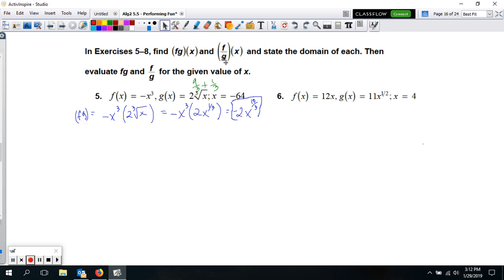So now we're going to divide, f divided by g. That'll be next. So f divided by g, so the negative x to the third is now on top. The 2, and I'm going to just go straight to this one. I'm just going to put that right underneath there and bypass the cube root, because I already know that that's an x to the 1/3 exponent. So now at this point, we just want to simplify this if we can.